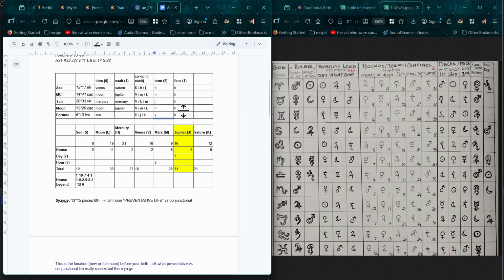So let's do some math here, because we should have 5, 10, 15, 20, 25 points from domicile rulers, and then 4, 8, 12, 16 points from exaltation rulers, and then this is always going to be the same. It's going to be 1, 2, 3 times 1, 2, 3, 4, 5, so 15 times 3 for 3 points for each.